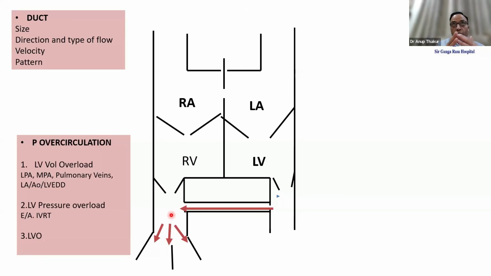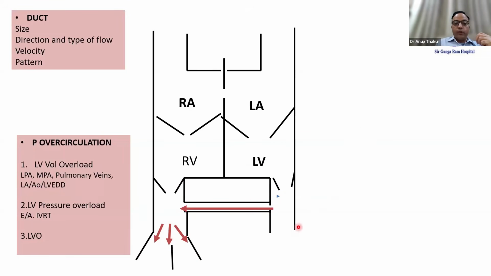Normally blood will not flow in the main pulmonary artery or left pulmonary artery in diastole. It flows only in systole. The right ventricle is pumping, the pulmonary valve is open, and in systole blood flows. In diastole, the pulmonary valve is closed, so there should be no blood flow across these arteries in diastole. When there is a PDA present, the blood also flows in diastole across the main pulmonary artery and left pulmonary artery. So there are features of pulmonary overcirculation.